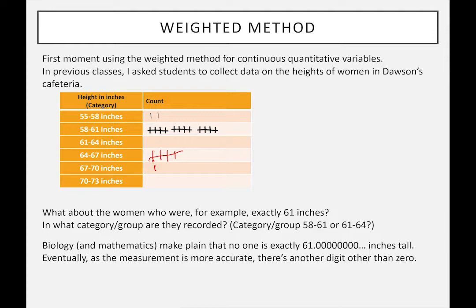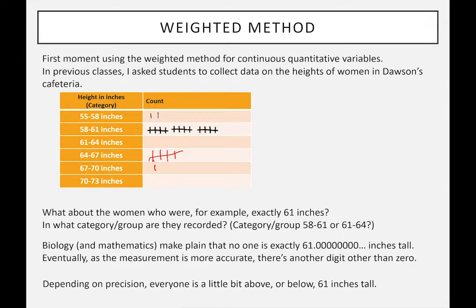This has to do with the idea that it's a continuous variable. In practical fact, what I asked the students to do is if they thought somebody was at say 67 inches, make a quick guess as to whether they're above 67 or below 67. But this is a very important concept: in the case of a continuous variable, you cannot be exactly some number, and it has to do with the real number line. We'll look at this later when we look at the question of probability. Everybody is a little bit above or a little bit below.